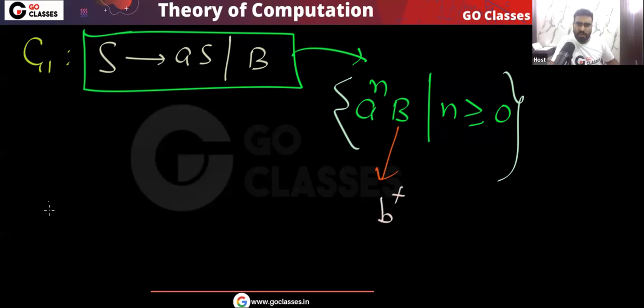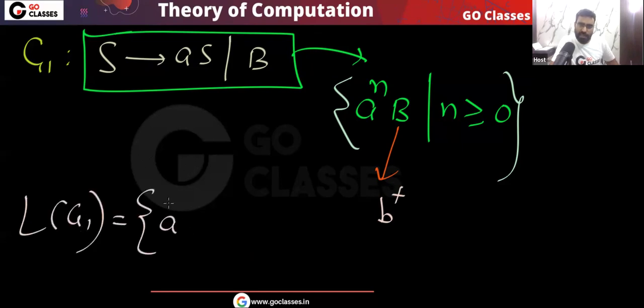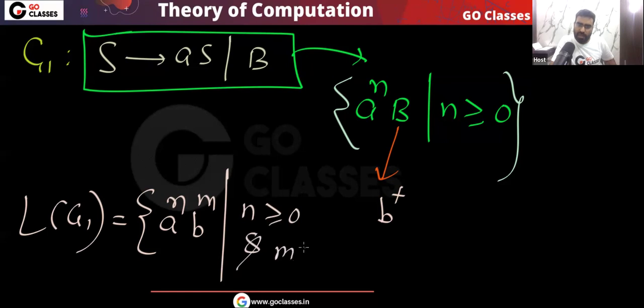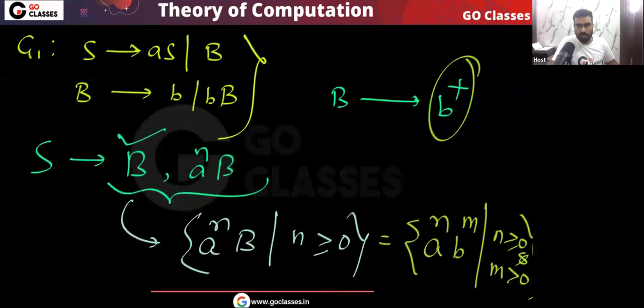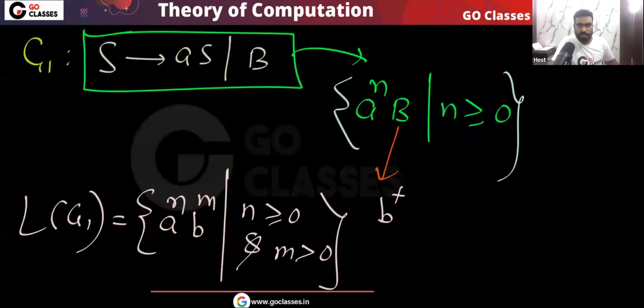So your final answer, the language of G1, will be A power n B power m, where n is greater than or equal to 0 and m is greater than or equal to 1, or I can say m is greater than 0. So this will be your final language. Understood? Simple, right? Yes or no?